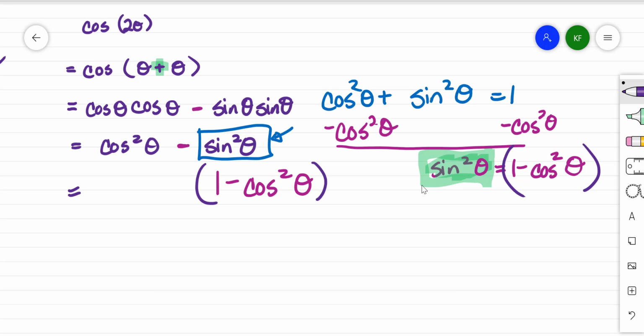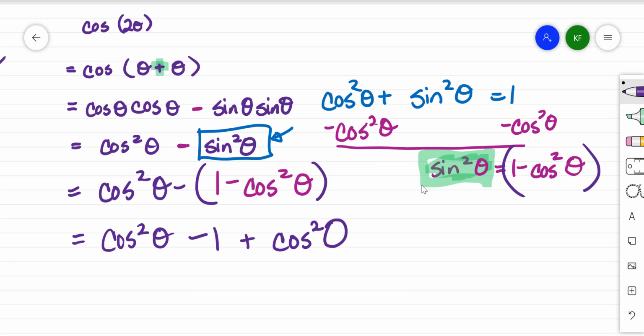Otherwise, the sign's going to get messed up. So it's cosine squared theta. And then you're just going to simplify. You got to distribute that negative through, though. So this is cosine squared theta. And then there you go. Here's 1 cosine squared theta. Here's a second cosine squared theta. So this is 2 cosine squared theta minus 1.